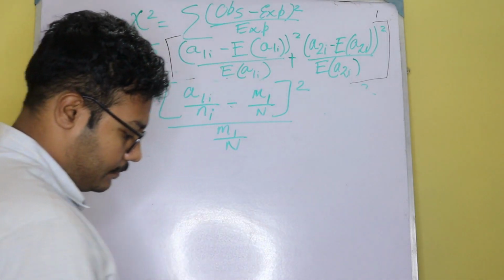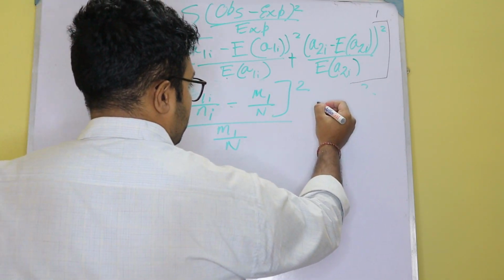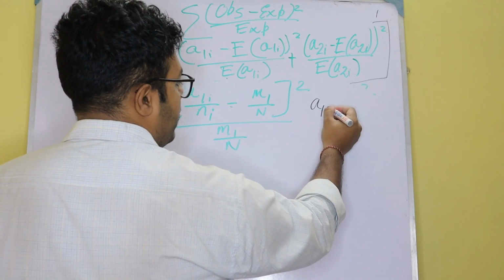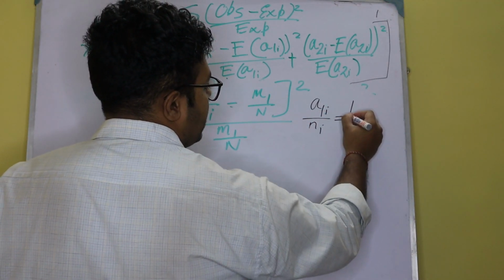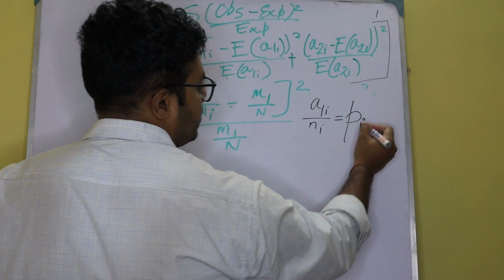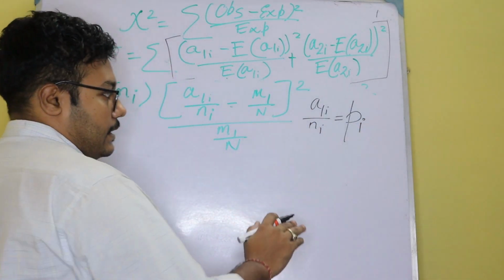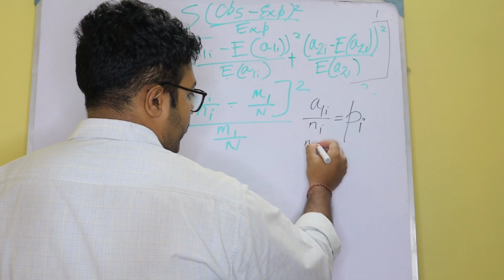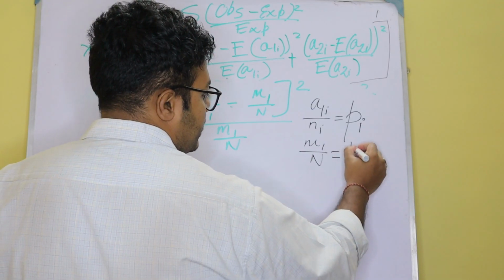Now this a1i by ni is represented as pi. I will change it according to the columns, and m1 divided by n is represented as p.